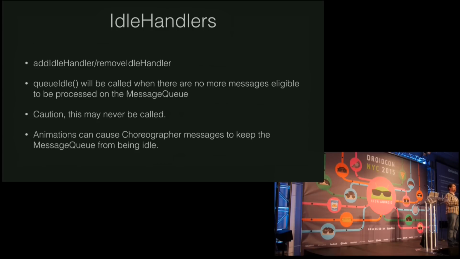So it's basically keeping the main message queue full by drawing animations. So if you have an IdleHandler, it's always going to the back of the message queue, and your IdleHandler may not get called. When understood and used right, it can be a useful thing, but you just have to understand what exactly you're getting with that.